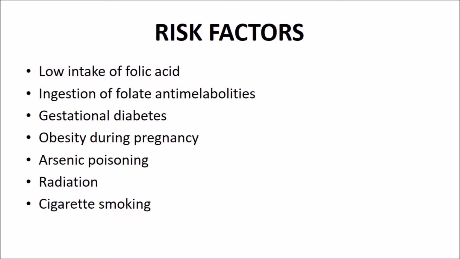Generally, we ask about folic acid deficiency during the pregnancy, ingestion of folate antimetabolites, and gestational diabetes is one of the risk factors. Then obesity during pregnancy, arsenic poisoning, radiation, and cigarette smoking are the less known risk factors for these neural tube defects.